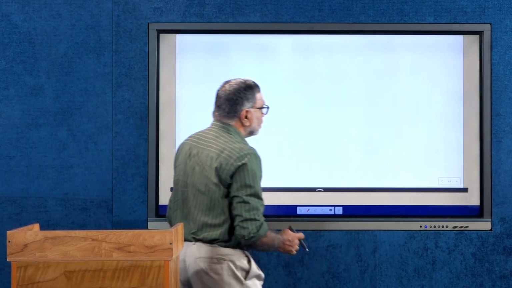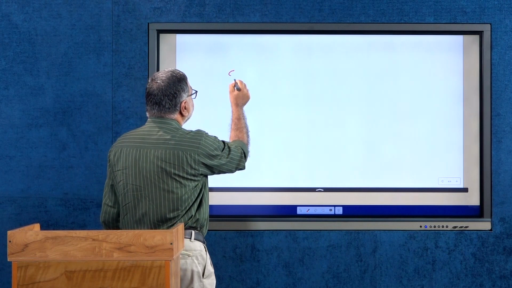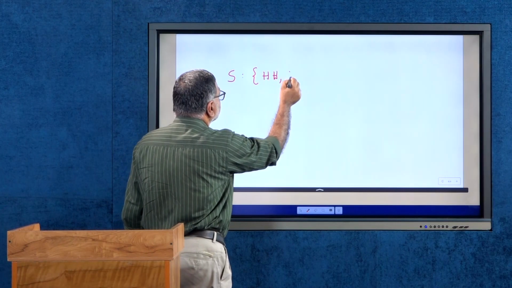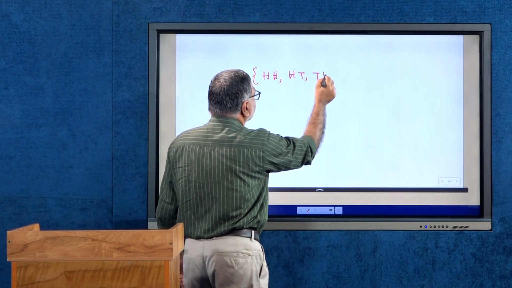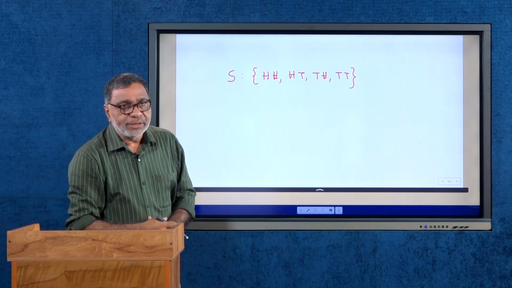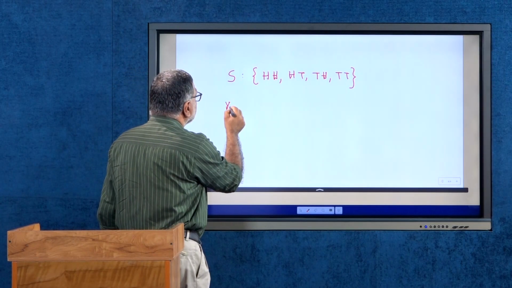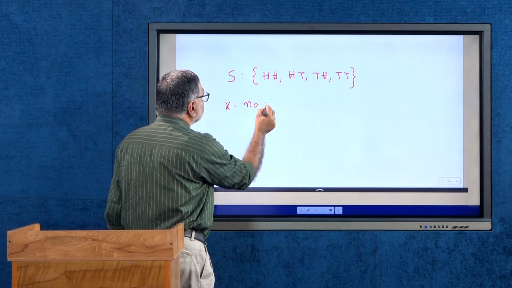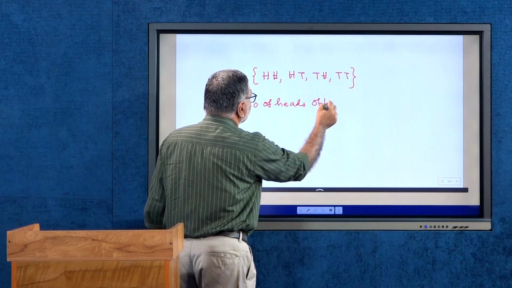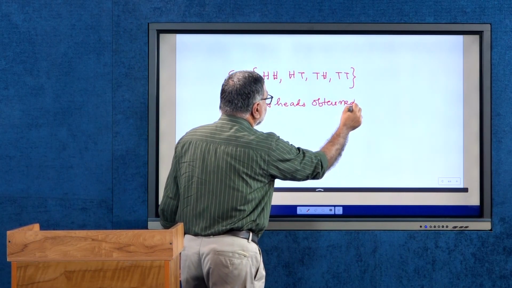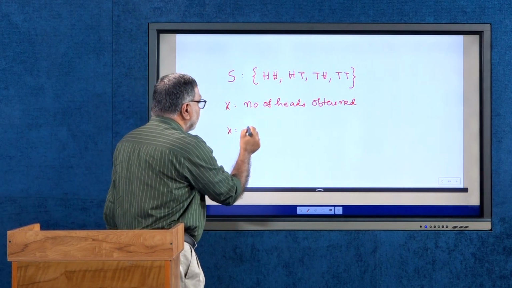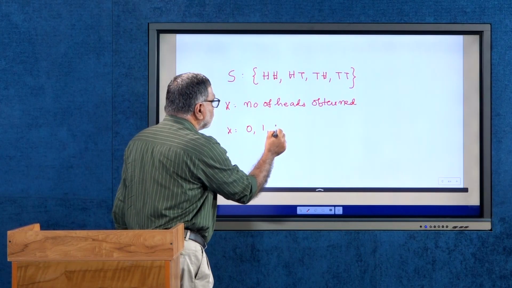That is, we have the sample space S consisting of the outcomes, so this is the sample space, and x is the number of heads obtained, and so what are the possible values? It may be 0, 1 or 2.